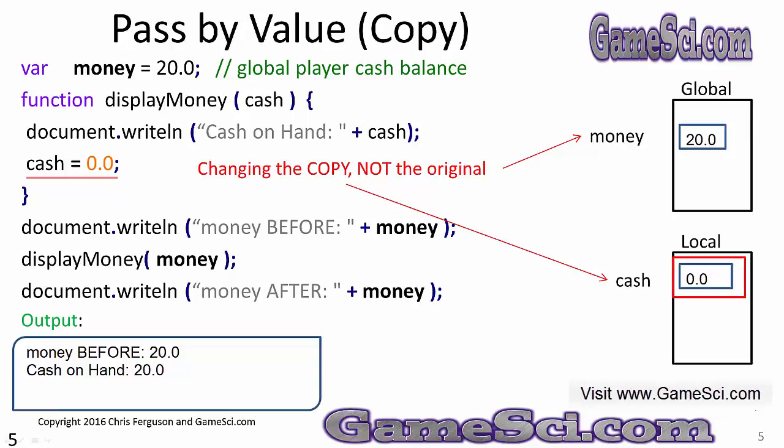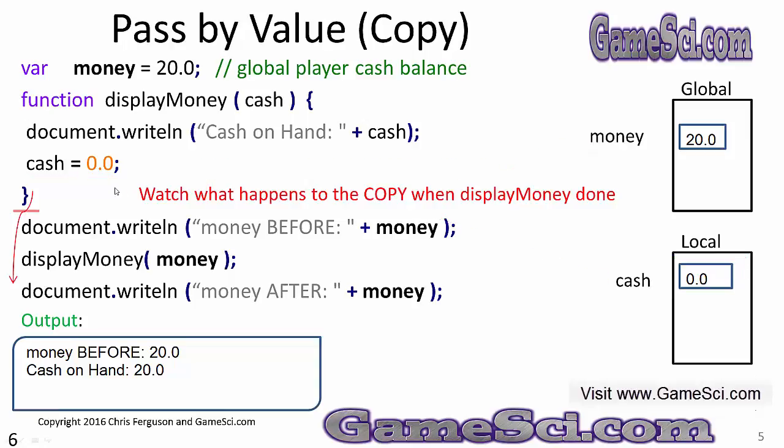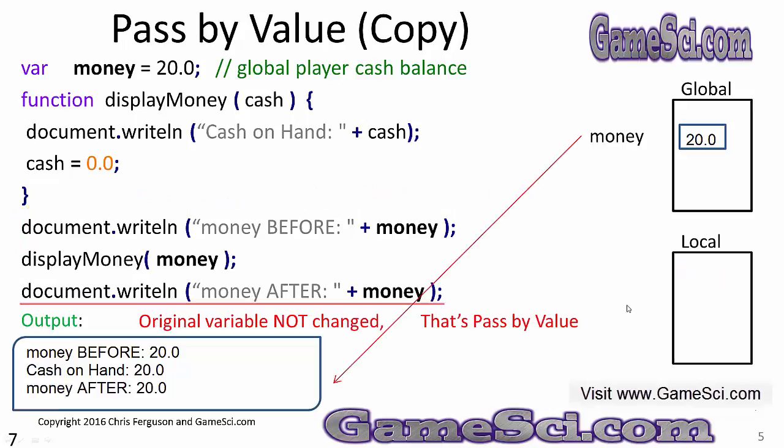However, the reason we like pass by value is that when we return from the method, watch what happens to the copy when displayMoney is done. The copy, which contains 0.0, watch what happens when we return to the code that called displayMoney. The copy disappeared. The 0.0 went away.